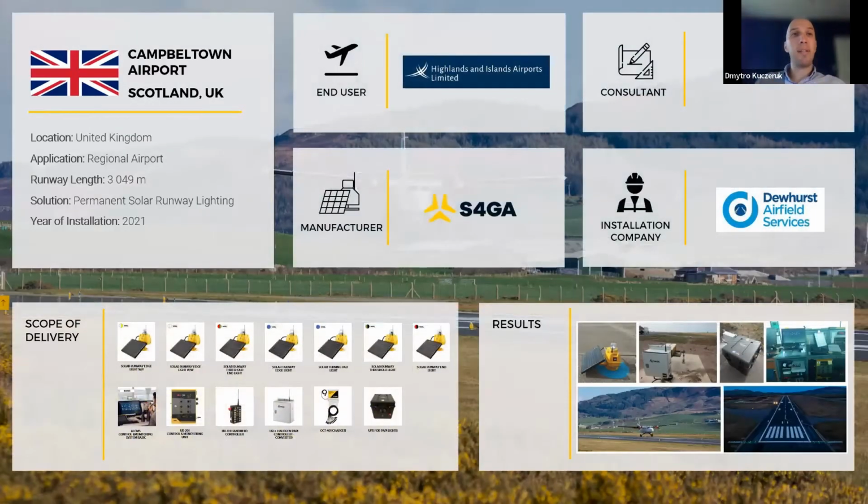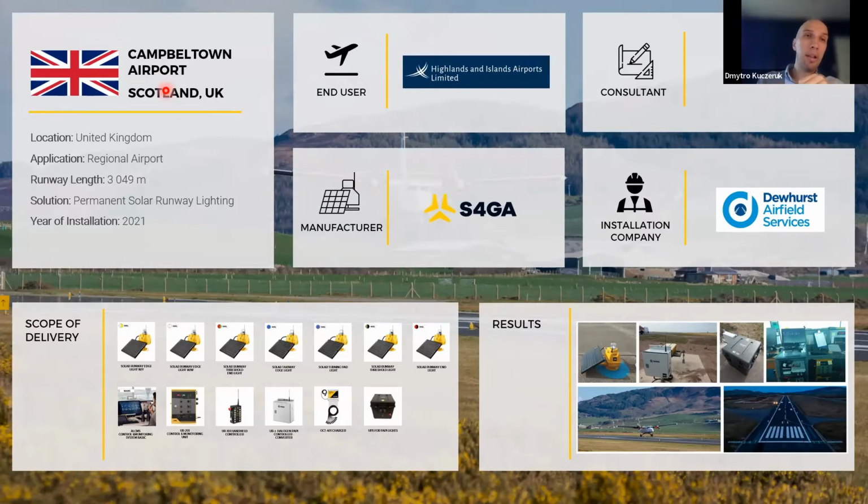Just to summarize this project for you, the airport is located in Scotland. Geographically, it seems like a place where a solar system might not work well. However, because of the efficiency of the solar system provided by S4GA, it works there perfectly.